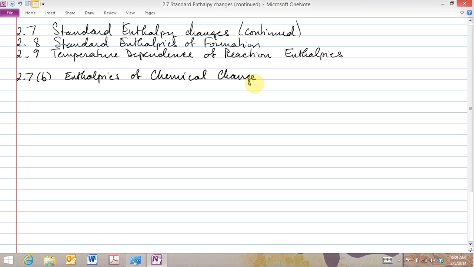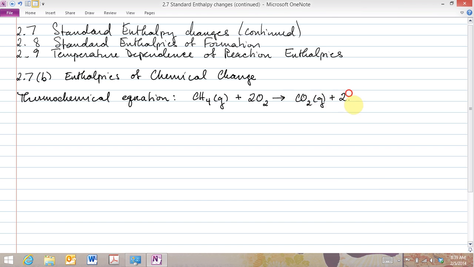Suppose we have the thermochemical equation: methane reacting with oxygen, yielding the products carbon dioxide plus water.